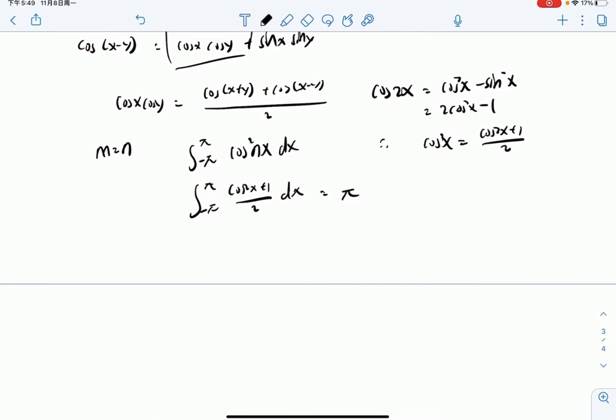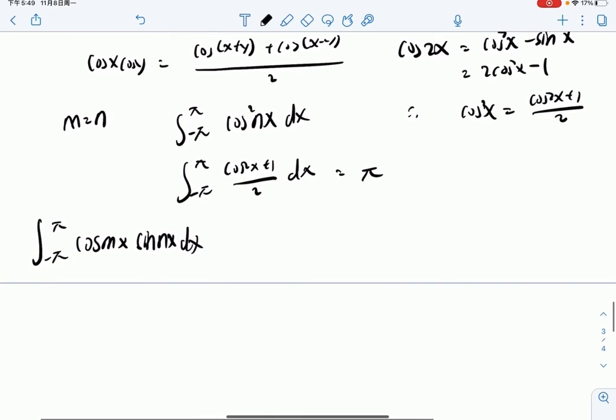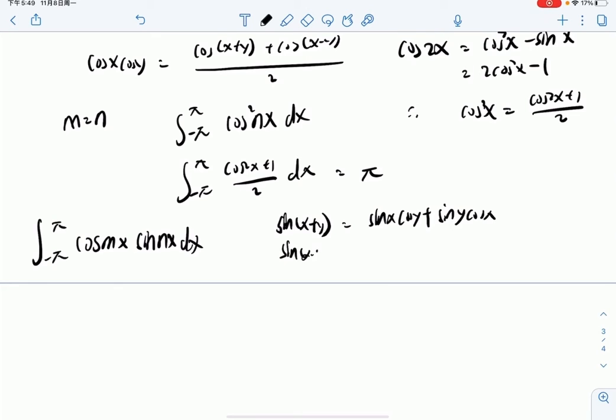And for the case of the integral of cosine mx and sine nx dx, we're just using the formula of sine x plus y is equal to sine x cosine y plus sine y cosine x, and sine x minus y is equal to sine x cosine y minus sine y cosine x.